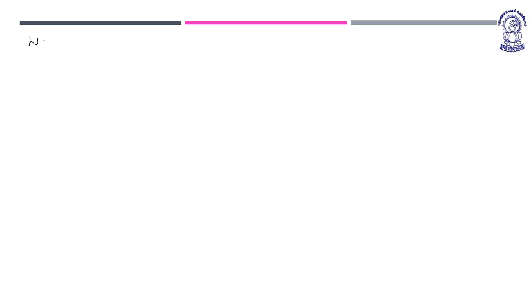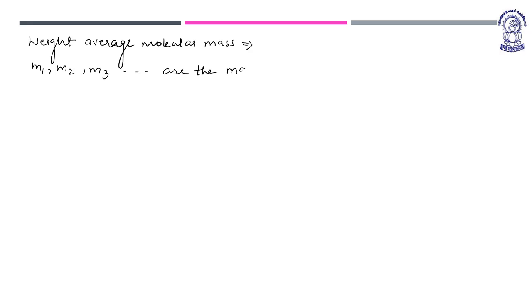Then comes the weight average molecular mass. Suppose m1, m2, m3 are the masses of monomeric species with molecular masses M1, M2, M3, where small m is the given mass.